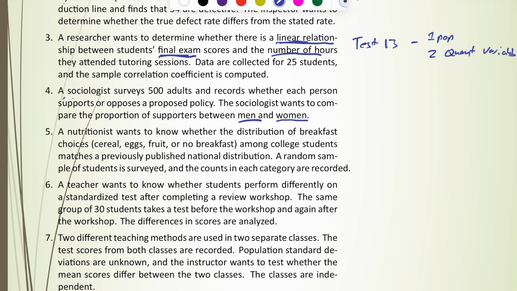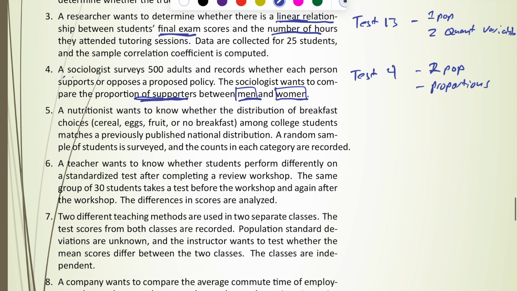Two populations, one proportion. So this one is going to be test 4. It has two populations, and it's comparing proportions. That's all test 4 is.